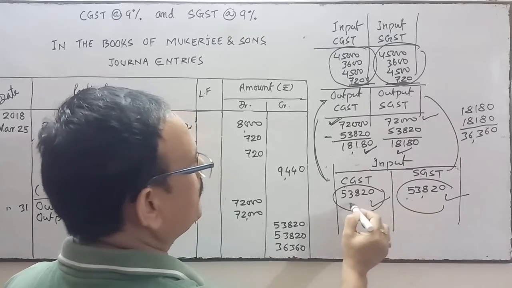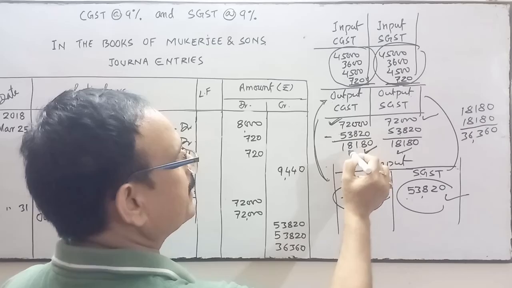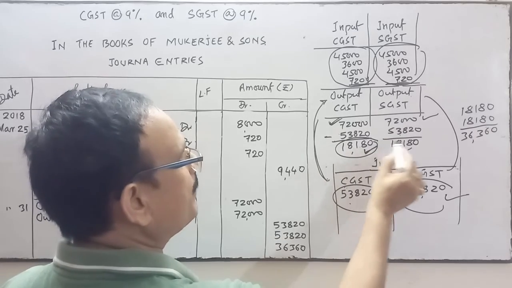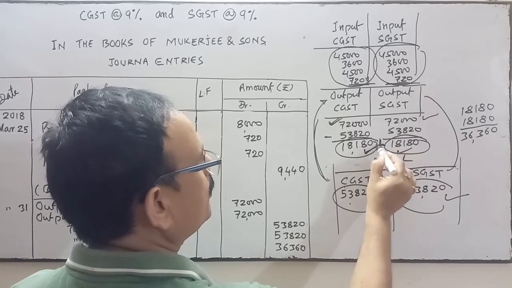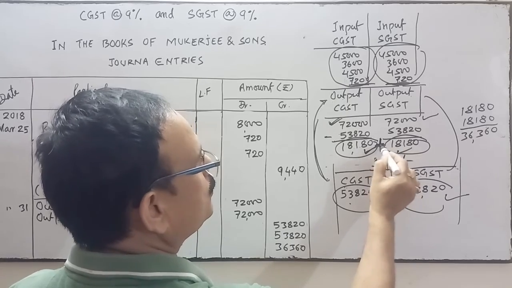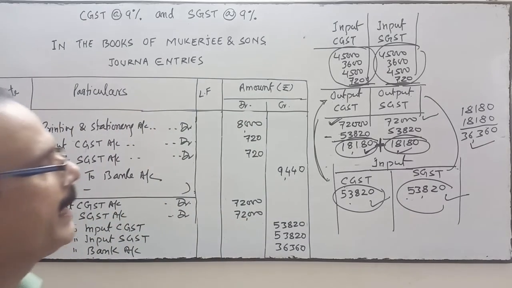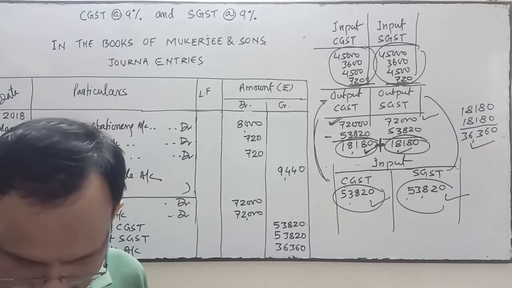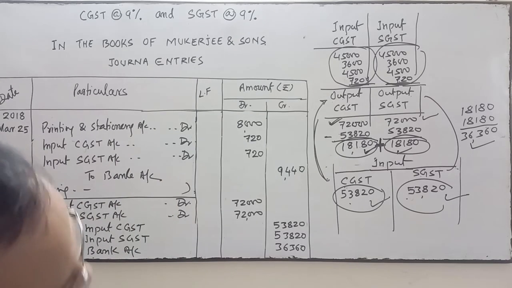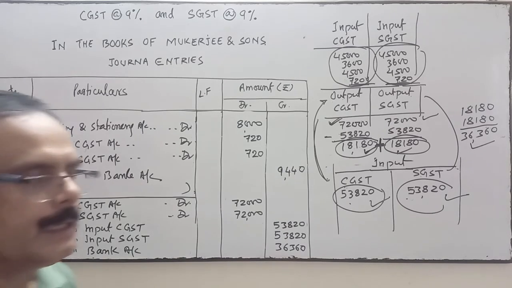So this will be compensated, adjusted. We have adjusted, deducted it, and the rest amount will be paid by check. So these two, 18,180 and 18,180, total 36,360, will be paid.